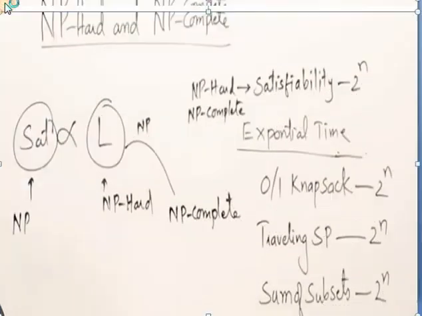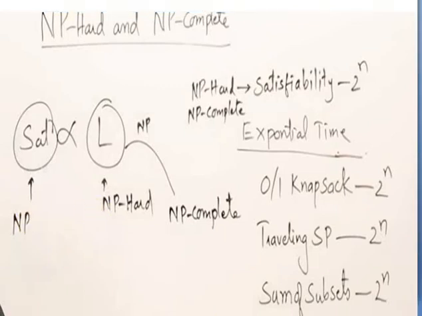I have to find out whether there is an algorithm for this L problem which is a non-deterministic polynomial time algorithm. Then that problem becomes an NP complete problem.